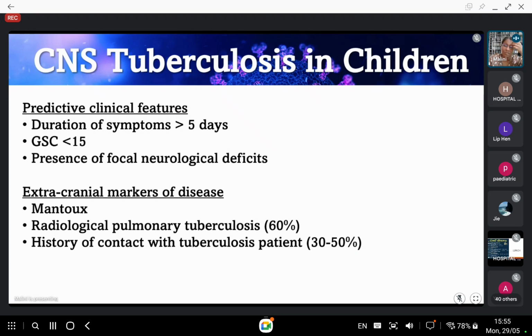This is actually not specific to TB, it's specific to any brain infection. But I think you need your extracranial markers of disease, so a positive Mantoux, any pulmonary TB, which in endemic areas is as much as 60%, and a positive history of contact with a patient with TB.